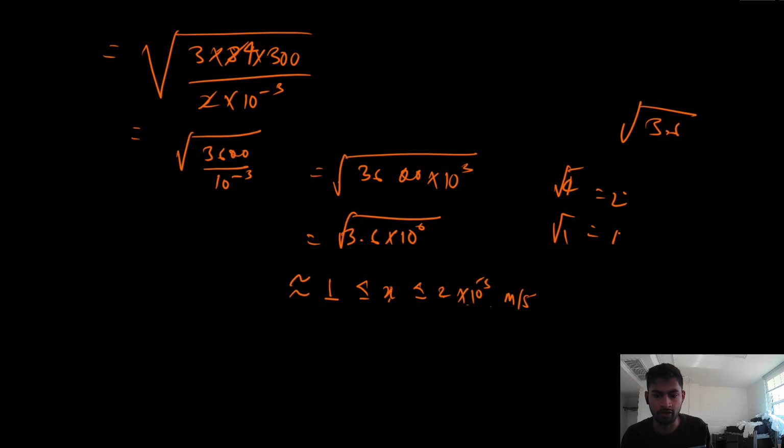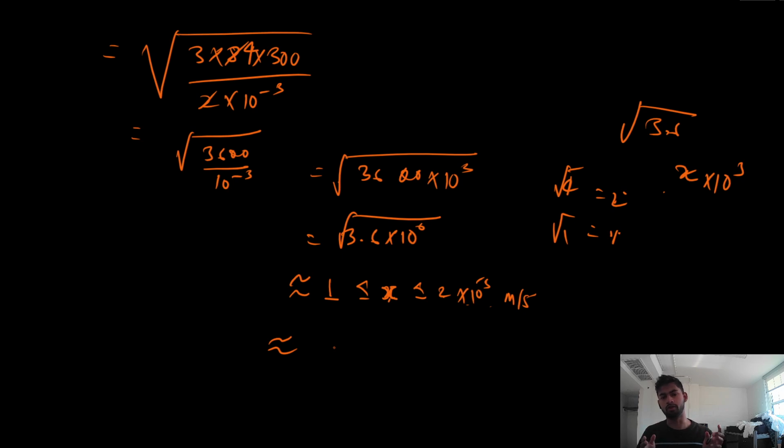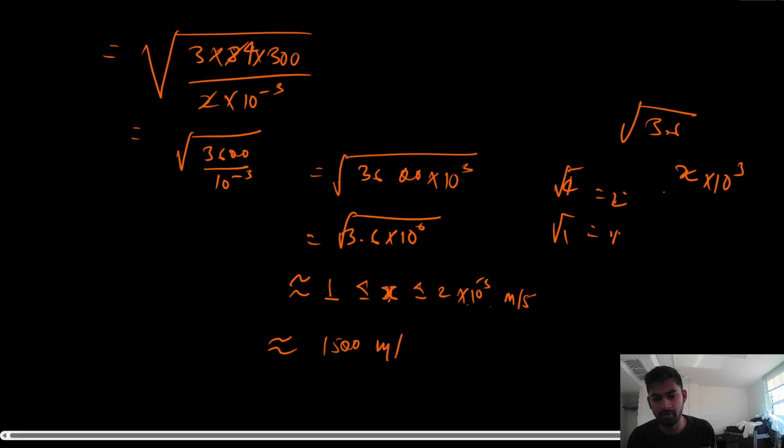And square root of 10 to the power 6 is 10 to the power 3, so it has to be in between this value. So you can say that the approximate root mean squared velocity of hydrogen gas is around, say, 1500 meters per second at room temperature.